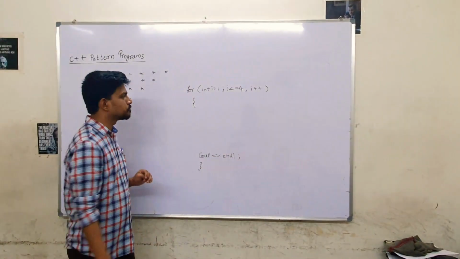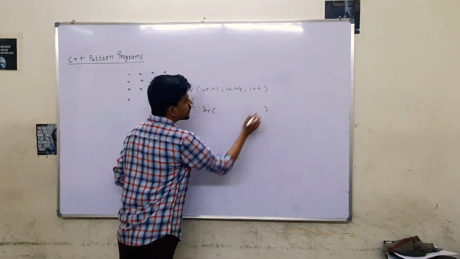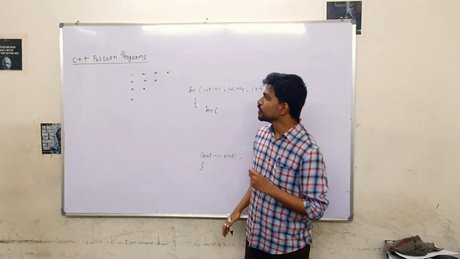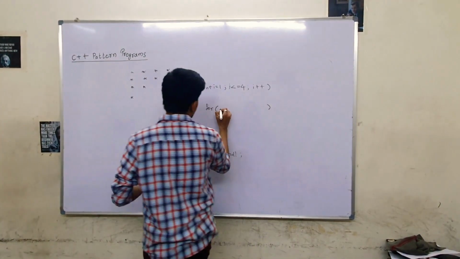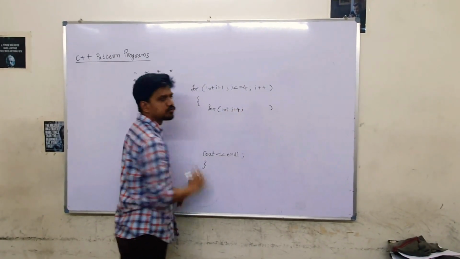Now the second part is pretty interesting. There will be another for loop, which tells you how many things are to be printed. On the first line there are 4 things to be printed, so I will say int j is equal to 4.